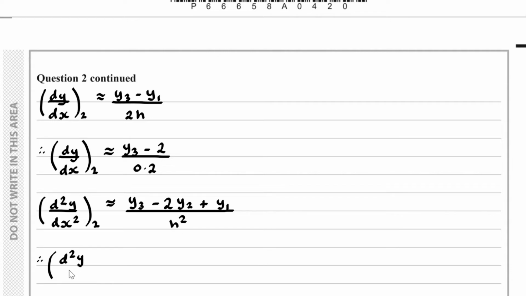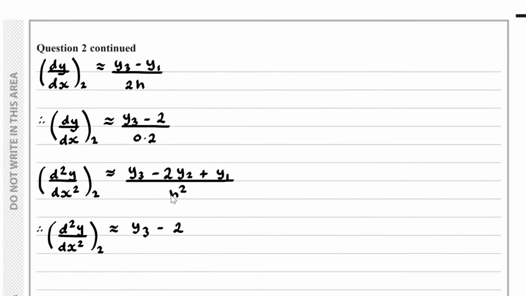D squared y over dx squared 2 is approximately equal to y3 minus 2 lots of y2, and we know what y2 is.